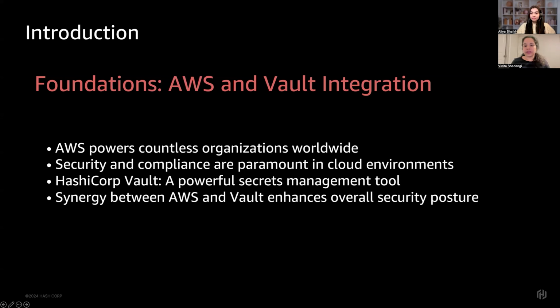Organizations can implement advanced security practices like least privilege principles, implement comprehensive compliance tracking, and maintain robust governance across their AWS infrastructure. The integration also simplifies secrets management, enhances the security posture, and provides a scalable approach to managing cloud credentials, making it an essential tool for modern DevOps and cloud security strategies.